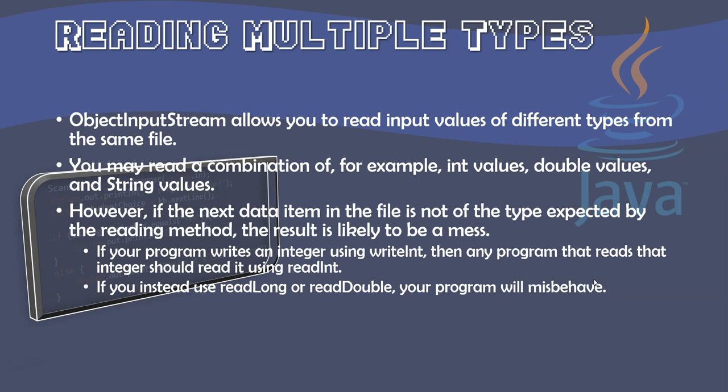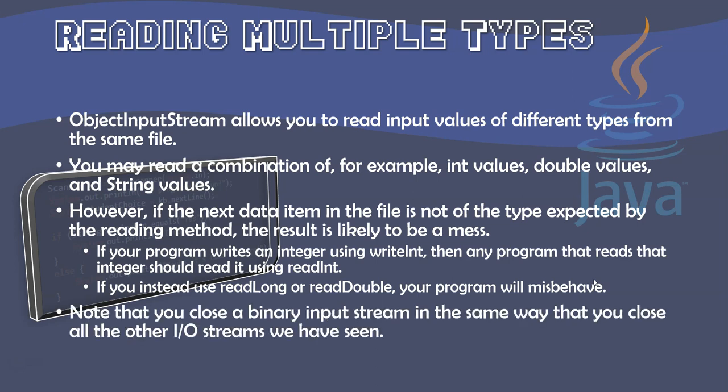So if your program writes an integer using writeInt, then any program that reads that integer should read it using readInt. If, however, you instead use readLong or readDouble, the program is likely to misbehave. And one thing to keep in mind is that when we close a binary input stream, we close it the same way that we close all our other IO streams.